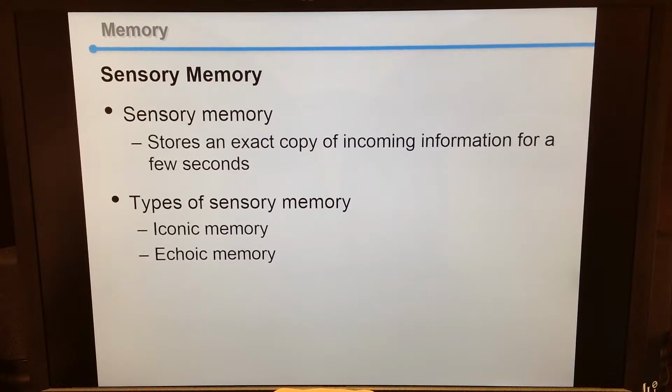If I say something and stop, you can still kind of hear my voice there for just a second. Echoic memory lasts up to 2 seconds, whereas iconic memory is only about half a second. If you look at something and close your eyes, you can still see it, but as soon as you close your eyes, it begins to dissipate.